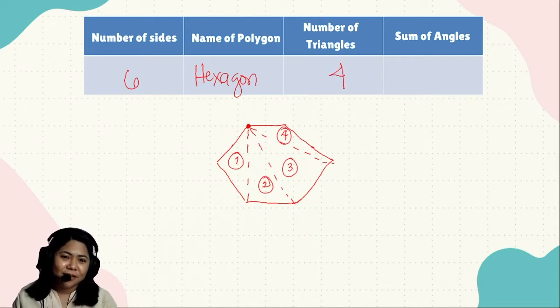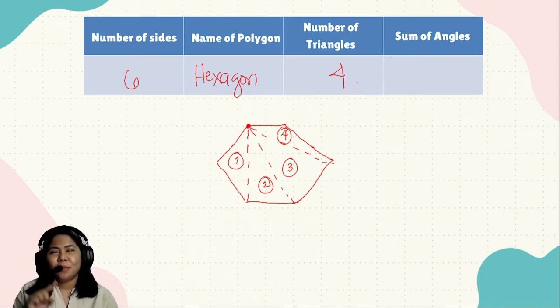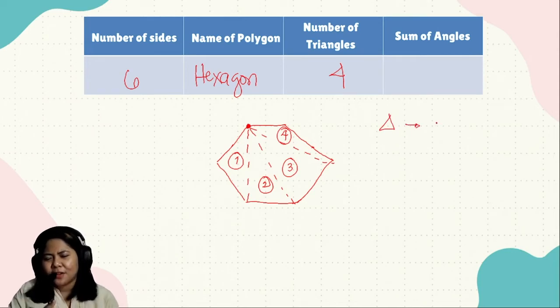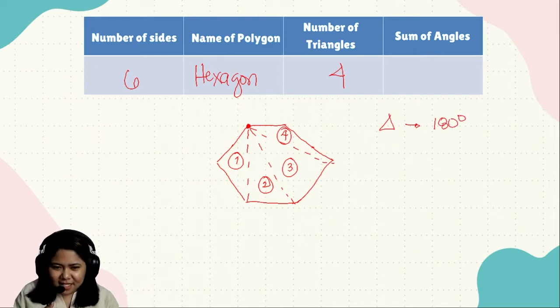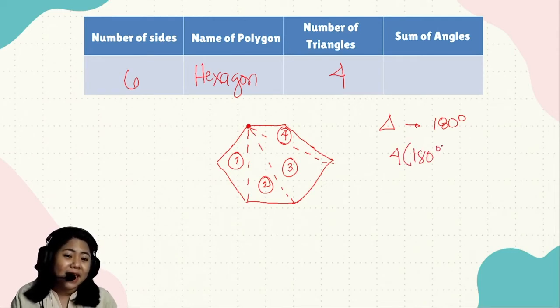So, the number of triangles ay 4. Ngayon, ano ang sum of angles? Since ang isang hexagon ay pwede kang makabuo ng 4 na triangles and each triangle ay merong ilan? Ilan ulit ang interior angles niya? 180 degrees. Therefore, the sum of the angles of a regular hexagon is 4 times 180 degrees.